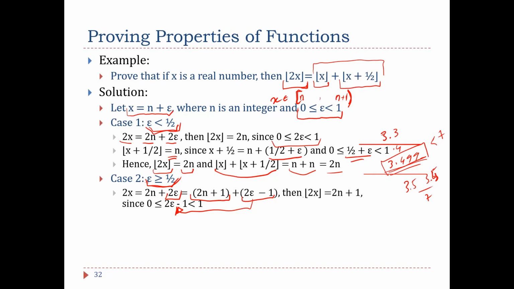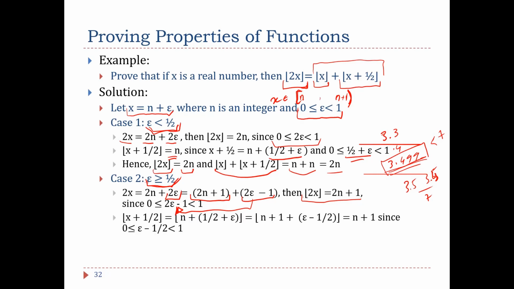So we end up having this fact about the floor of 2x. Okay, it's equal to 2n plus 1. The same applies to x plus half. So now we are adding half to epsilon. So to this inequality, epsilon greater than or equal to half, we will also add half on the right hand side, and we'll have epsilon plus half is greater than or equal to 1.